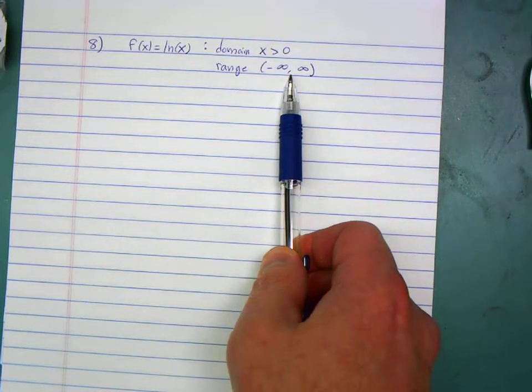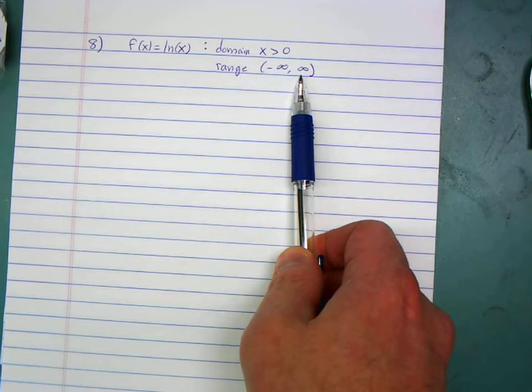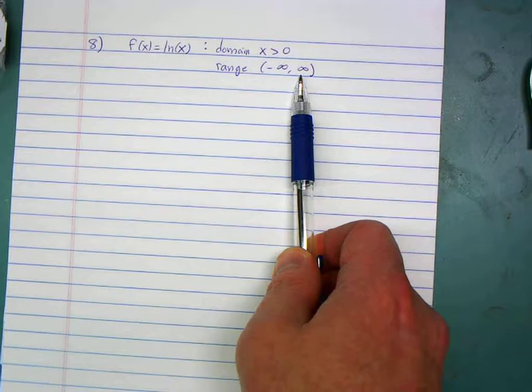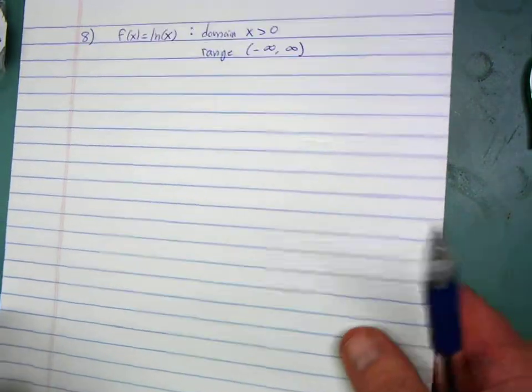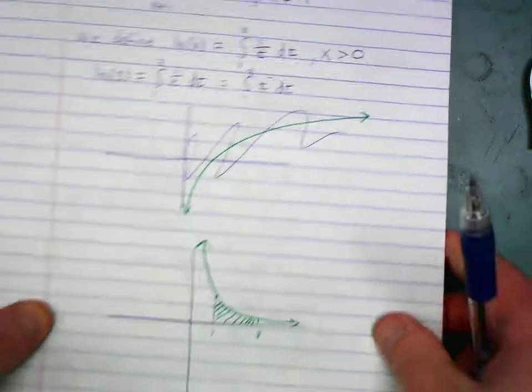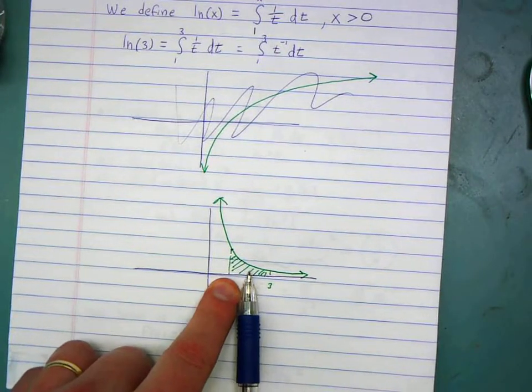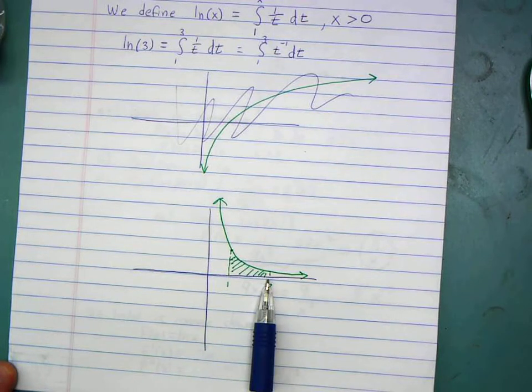So we can definitely get 0. Can you get positive numbers? Yeah, how'd you get positive numbers? Well, what kind of numbers do we plug in for x? Not positive. Bigger than 1. Okay, so for example, we looked at ln of 3. ln of 3, that was a positive number.